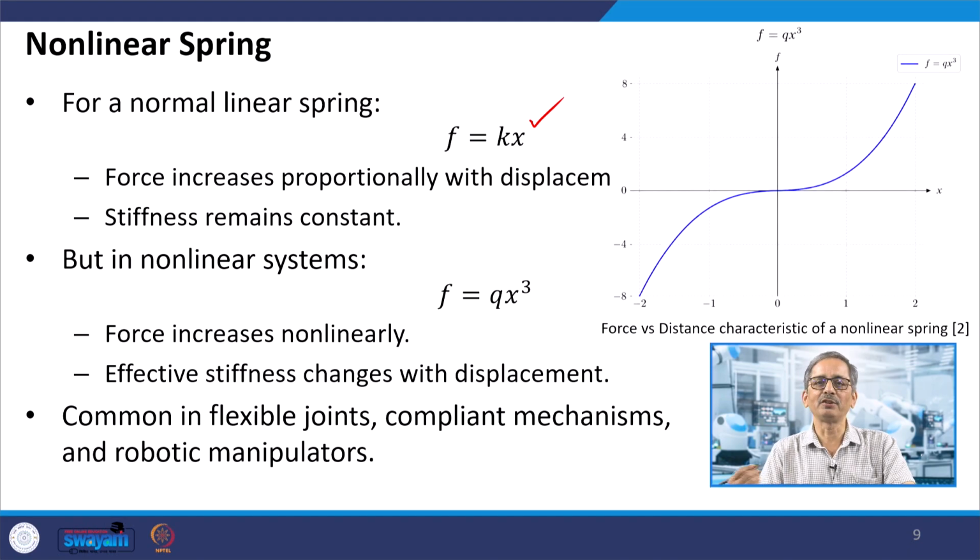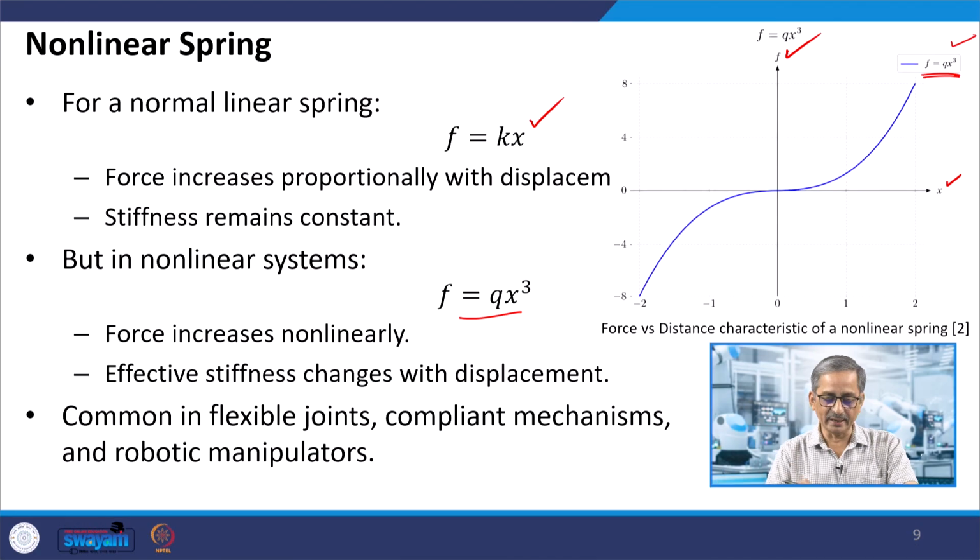But if you have a nonlinear spring, your force and displacement relationship is no longer a straight line. This curve represents force equal to q times displacement to the power 3. So, the nonlinearity in the system is introduced by the spring.